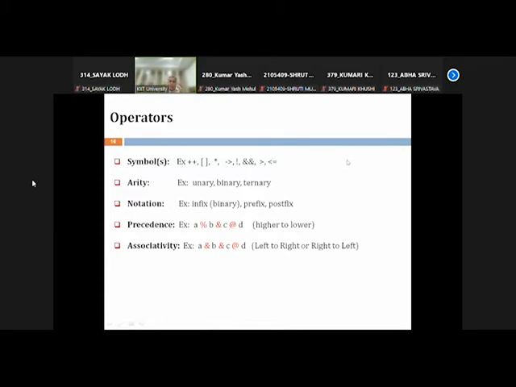But associativity comes into the picture only if the operators have the same precedence. If they have unequal precedence, then suppose I say dollar at the rate has higher precedence.